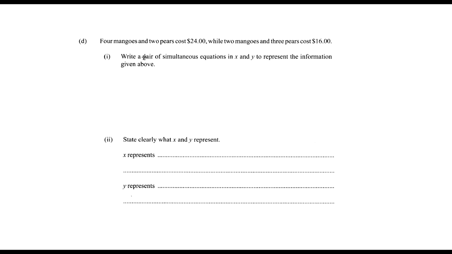Alright, in part D, we have 4 mangoes and 2 pears cost $24, while 2 mangoes and 3 pears cost $16. Write a pair of simultaneous equations in x and y to represent the information above. If you look at part 2, they ask what does x represent and what does y represent. So let's let the mangoes be x, and let's call the pears y.